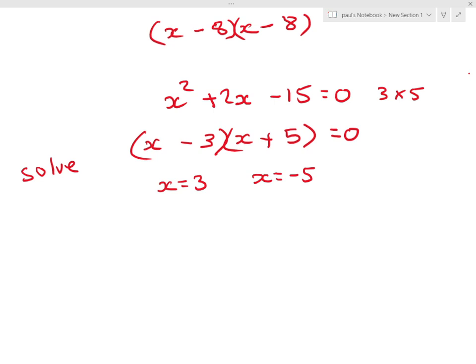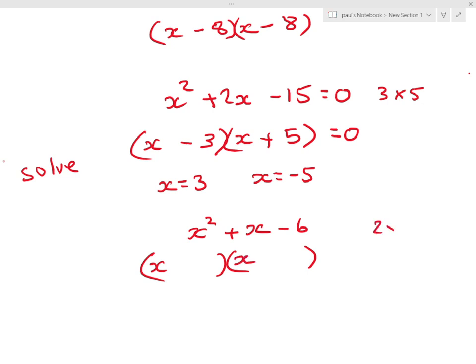So if we go back to, say, let's have a look at one of the other ones that we did. X squared plus x minus 6. So first of all we expand. Well, no, we don't expand. We factorize. We factorize for the brackets.